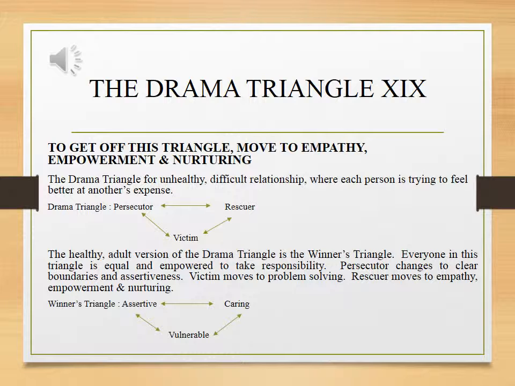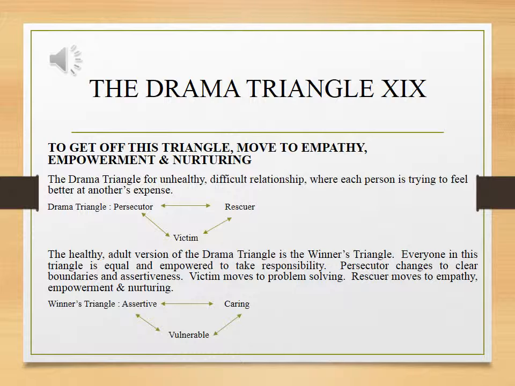The drama triangle is for unhealthy, difficult relationships, where each person is trying to feel better at another's expense. Drama triangle: persecutor, rescuer, victim. The healthy, adult version of the drama triangle is the winner's triangle.